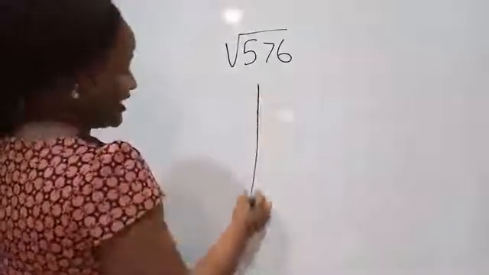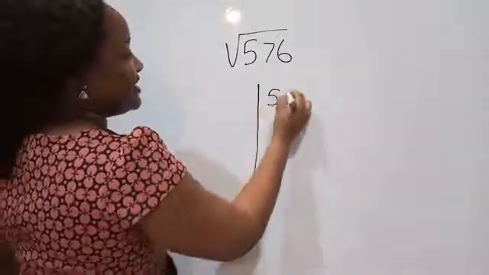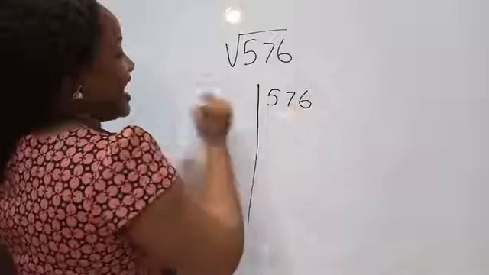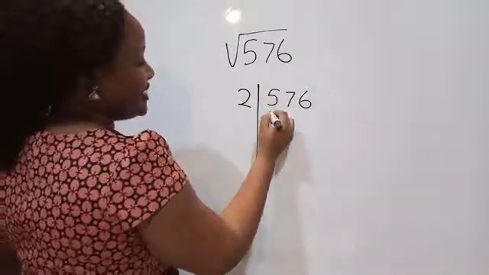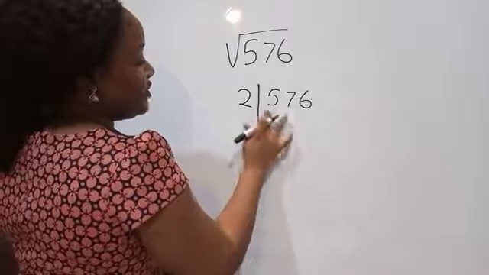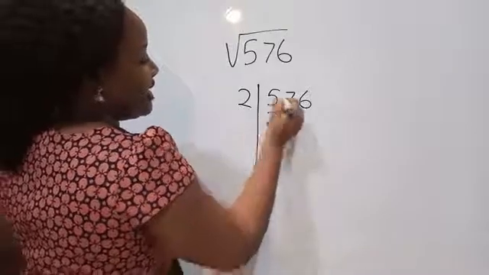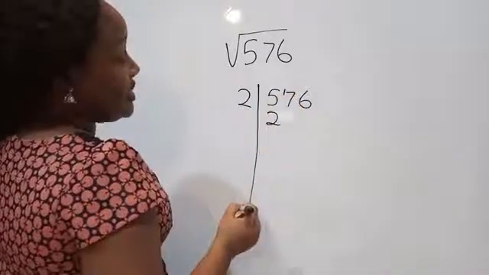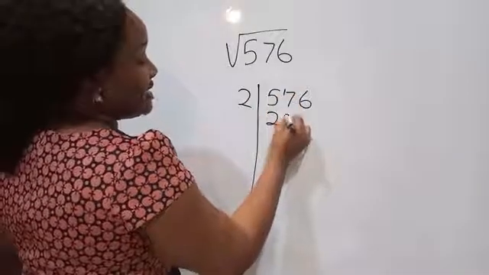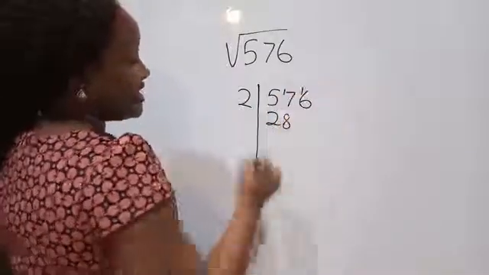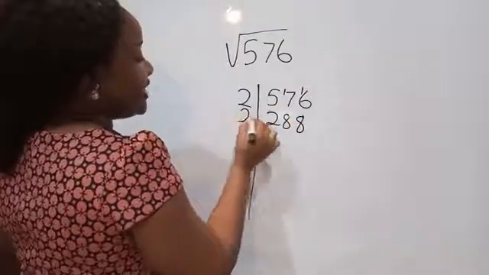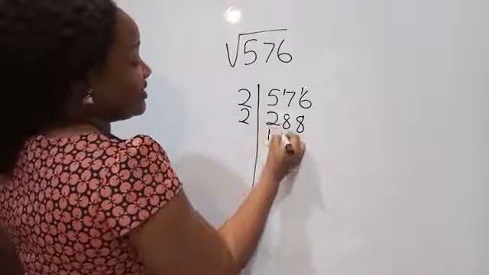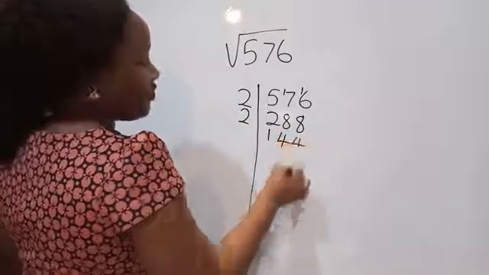Okay, let's see, 576, and of course 2 is a factor. 5 divided by 2, here you have 2, remaining 1, and 17 divided by 2 gives us 8, remaining 1, and 16 divided by 2 gives us 8. And 2 can go again. We have 144.